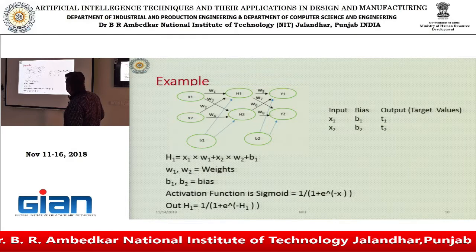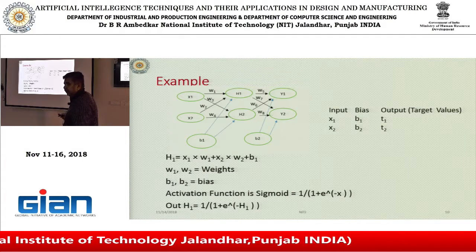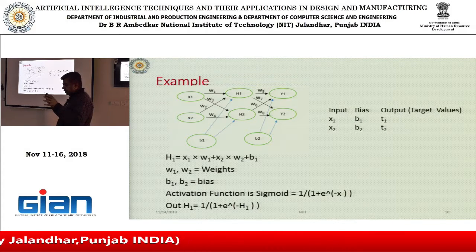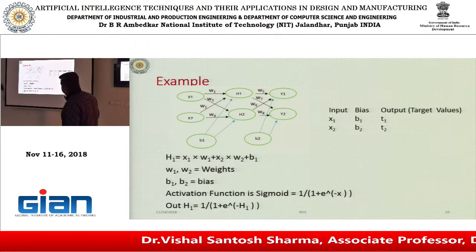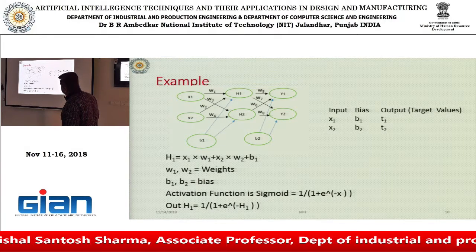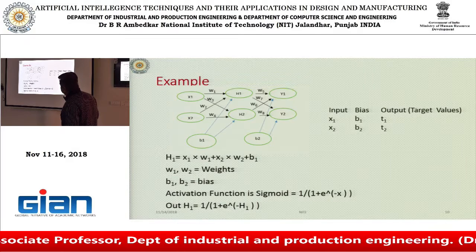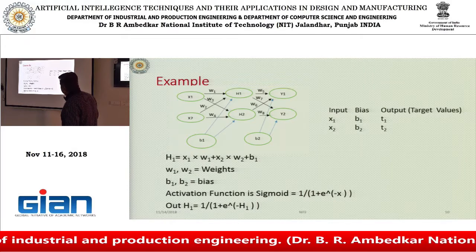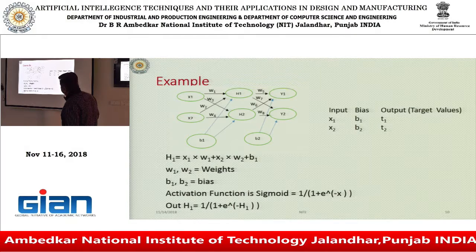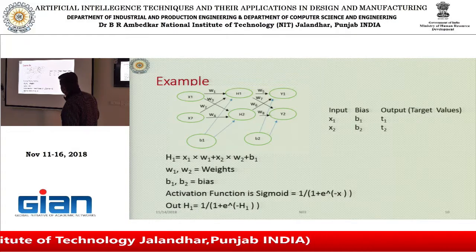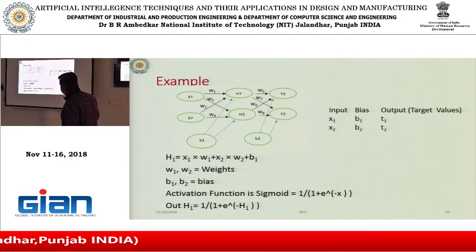So what will I get at h1? At any neuron, I will have input and output. So h1 has input from x1 multiplied by this weight w1, and it also has input from x2 multiplied by w2, plus the bias.